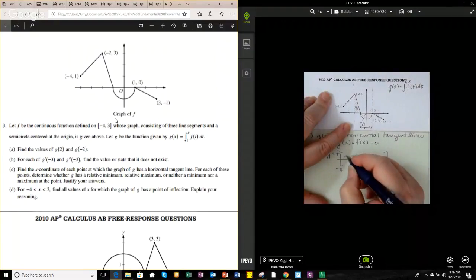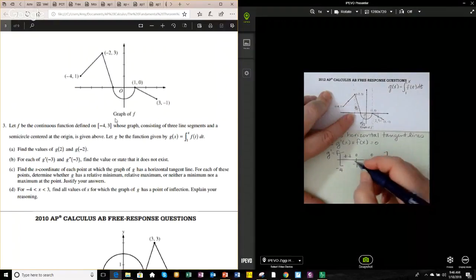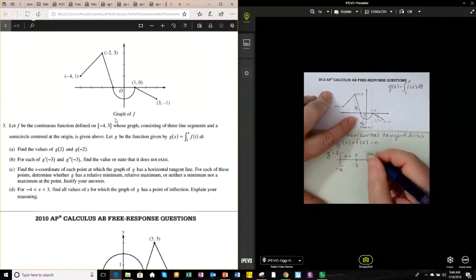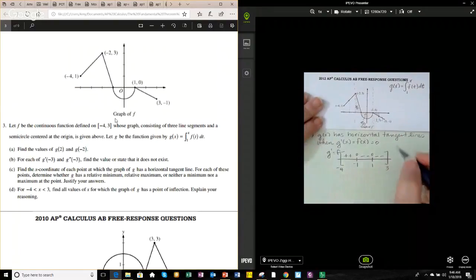So we have positive y values on f from negative 4 to negative 1. And then from negative 1 to 1, we have negative. And we have positive values after that. Okay, so we have horizontal tangent lines at x equals negative 1 and 1.